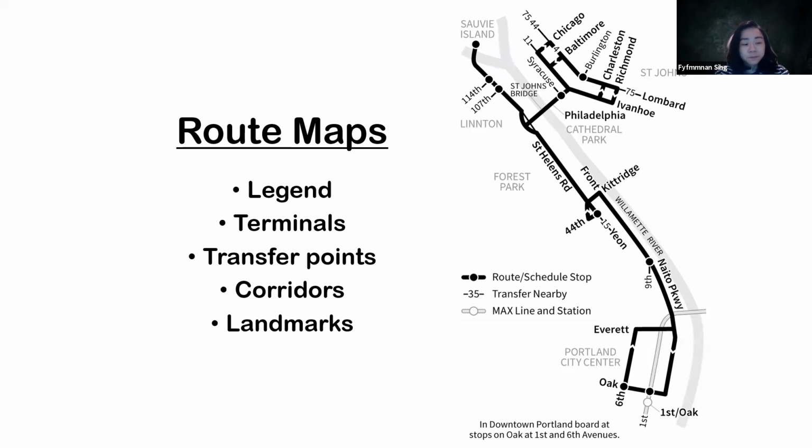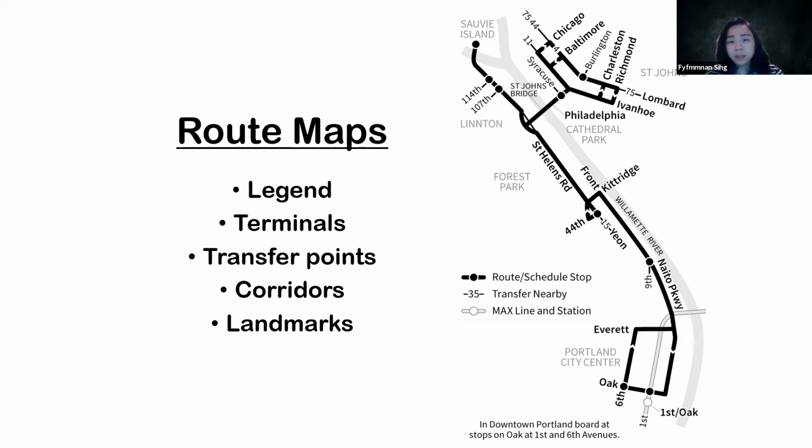Transfer points. So we also want to understand where we can transfer to other buses or trains or transit options, right? And so that will sometimes be indicated on the route map. Transit trips take at least 1 transfer usually, so we need to understand where we can actually make those transfers.